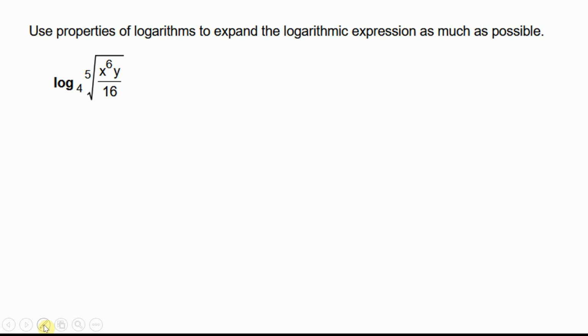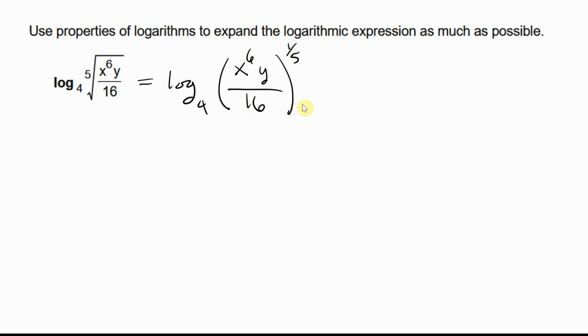All right, some more expansions. I'm like, enough already, right? So anyway, this is log base 4. Now that whole thing is raised to the 1/5 power. So let's make sure we see that. This is x to the 6 times y over 16, and that's raised to the 1/5 power. So I'm going to get rid of that 1/5 power by making it a multiplier.